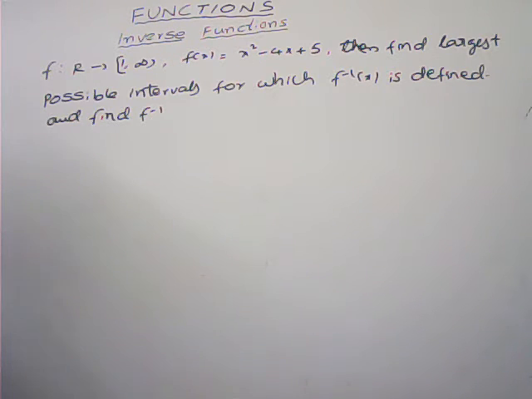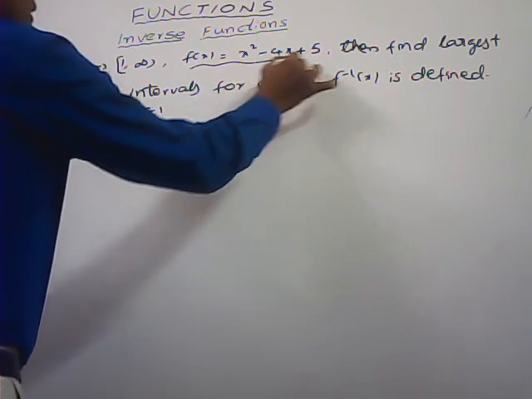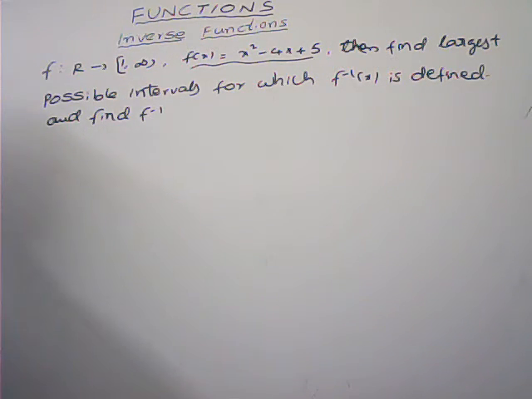The next problem: f is mapping from R to [1, infinity), f of x equals x square minus 4x plus 5. Then find the largest possible intervals for which f inverse x is defined and find f inverse. Now here I am using the completing square method.